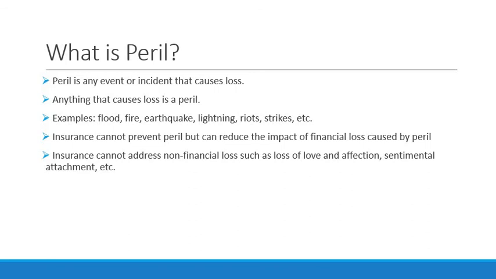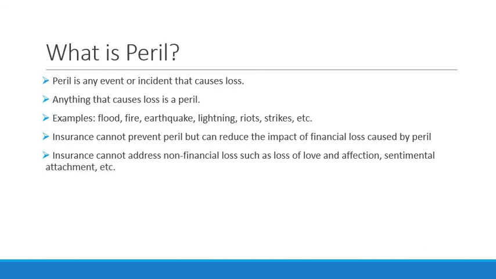So, what is the relationship between peril and insurance? Insurance does not protect the asset or prevent its loss due to the peril. Insurance simply tries to reduce the impact of financial loss caused by the peril to the owner or beneficiary of the asset. For example, by subscribing to a fire insurance policy, fire accidents cannot be prevented.